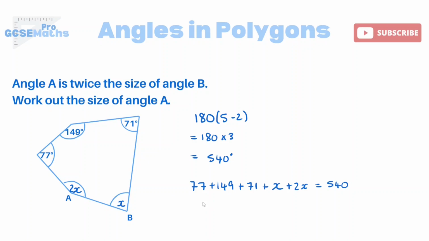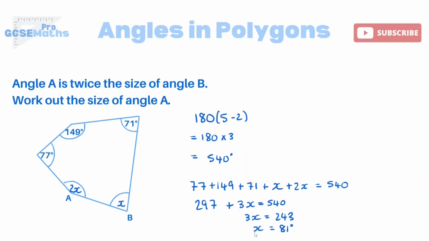So if I simplify this and collect the like terms, we get 297 plus 3X. It's literally just an equation, so I just need to solve this. So 3X is therefore equal to 243, and then divide by 3, X is 81. Now, when you've solved the equation, you can think that that's the final answer.